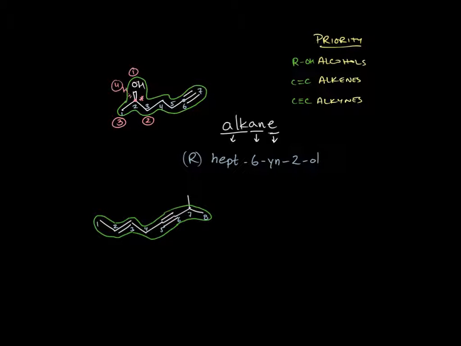So we do something funny here, which is that we start with alkane, and we add both the ene and the ine where the ane was. So this would be an oct-ene-ine. We put them both in there.